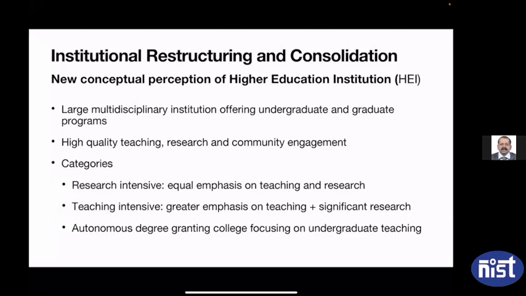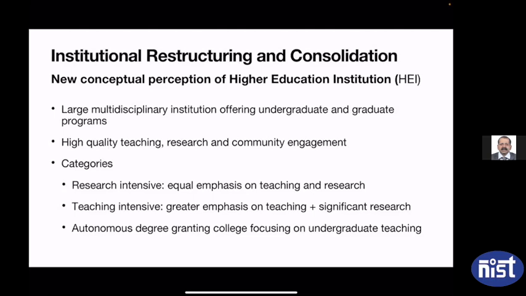And once the undergraduate teaching has been covered, then it envisages that the university will progress to one of these two levels, which is either a research intensive university, which lays equal emphasis on teaching and research, or a teaching intensive university, where the greater emphasis is on teaching, but still significant research is there.